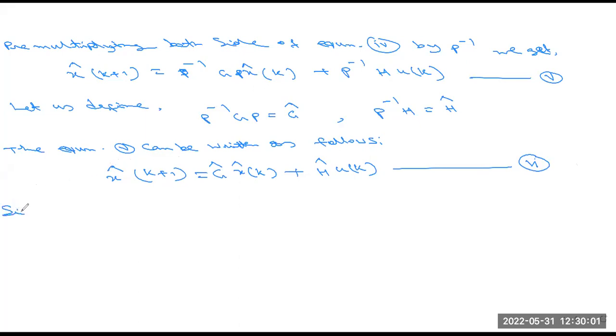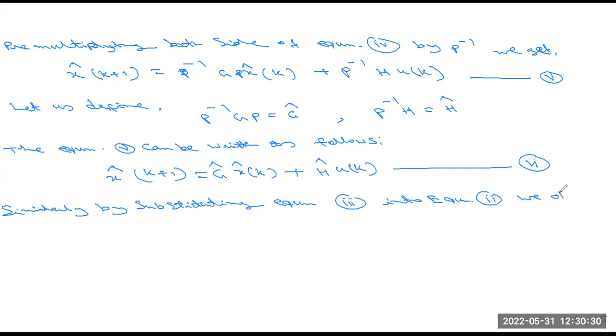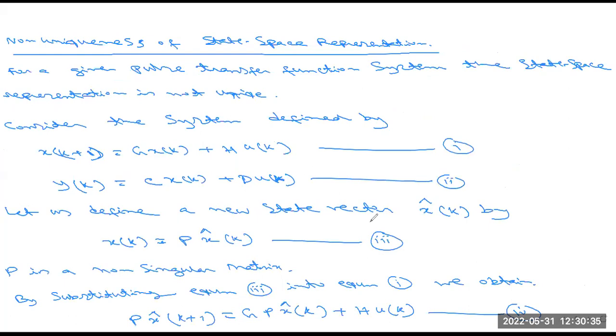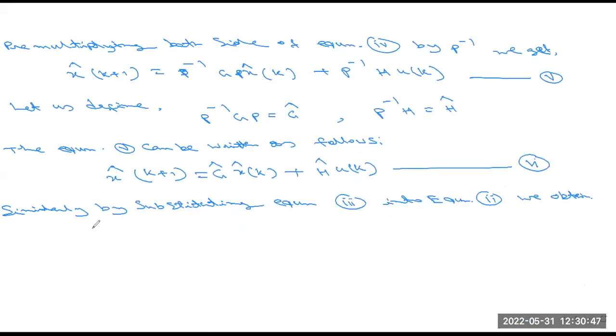So similarly, by substituting equation 3 into equation 2, we obtain, because equation 3 and equation 2, the output equation, are considered together, y of k equal to C P x vector of k plus D of u.